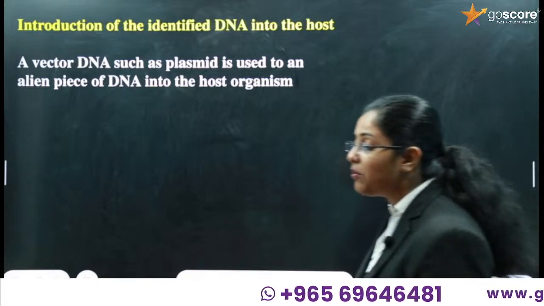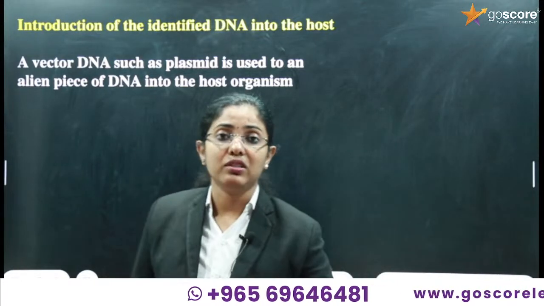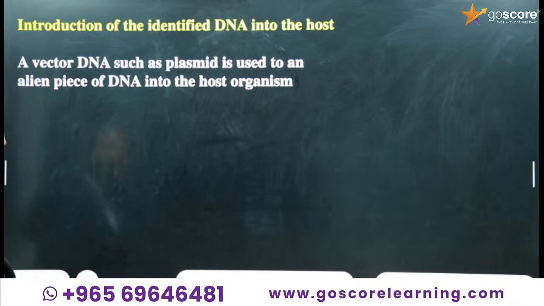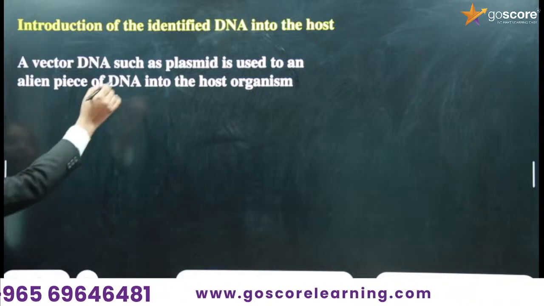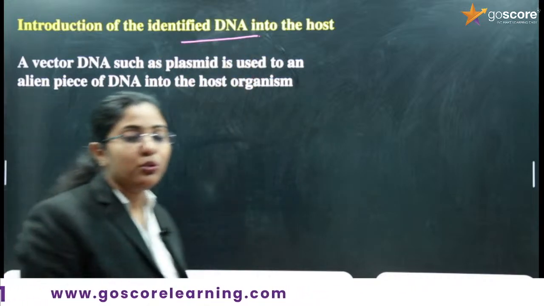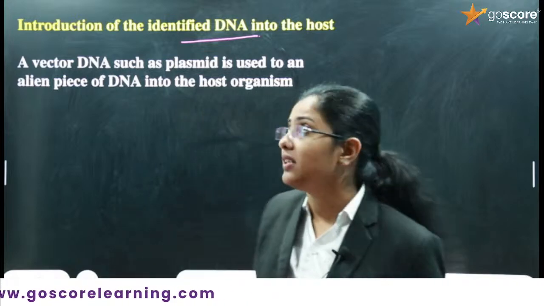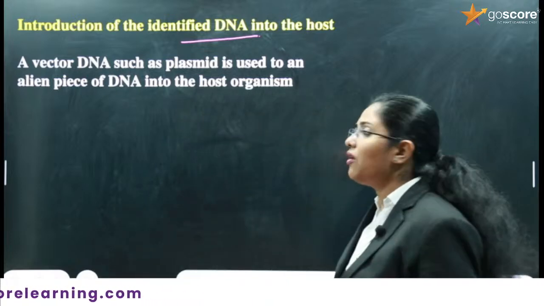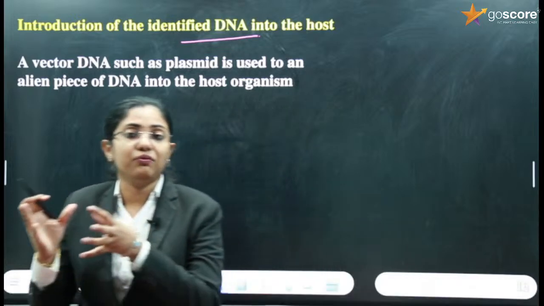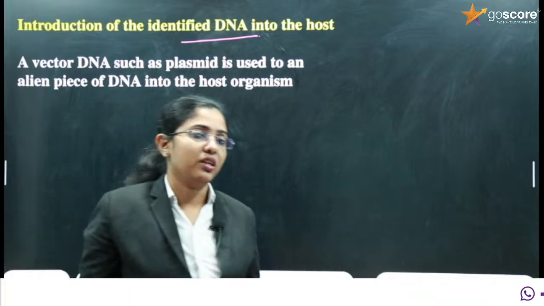The second important step involved in recombinant DNA technology is introduction of identified DNA into the host. We have identified a particular DNA, and that DNA has to be transferred into the host organism.